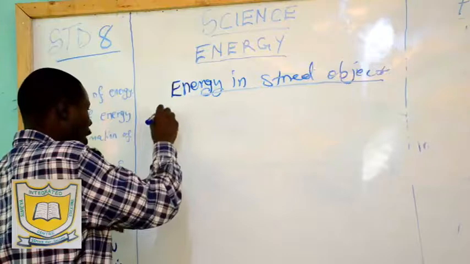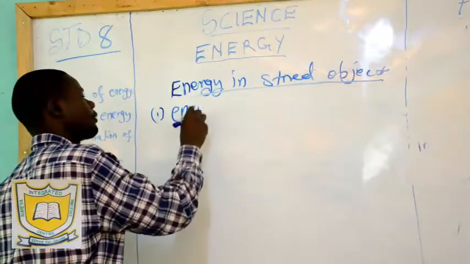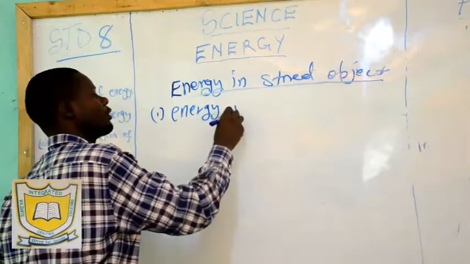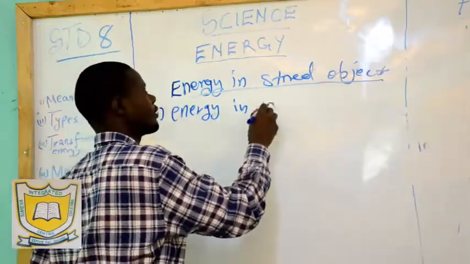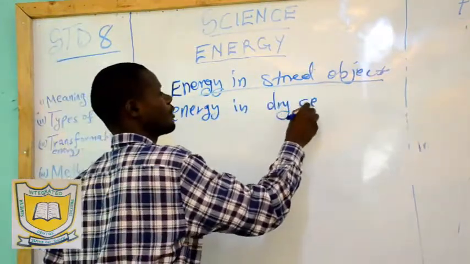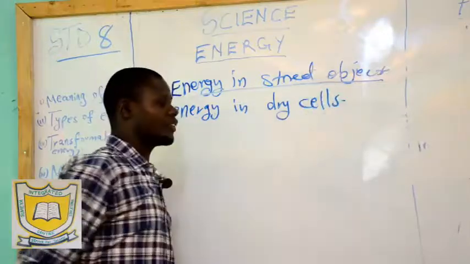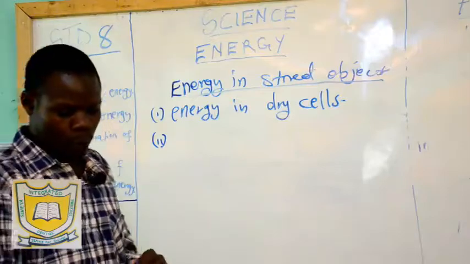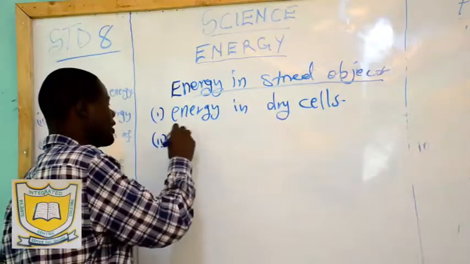Number one, energy in dry cells and car batteries. Number two, energy in food.